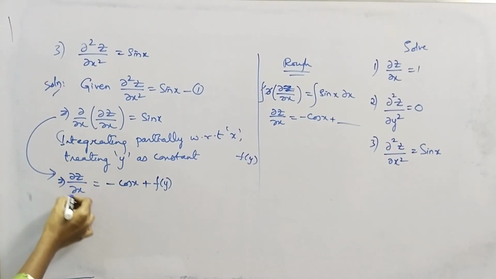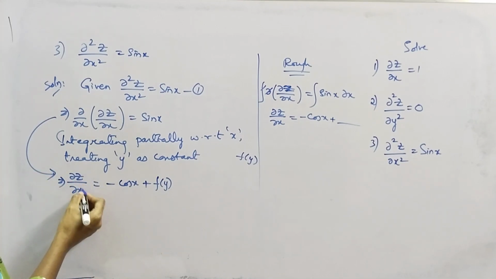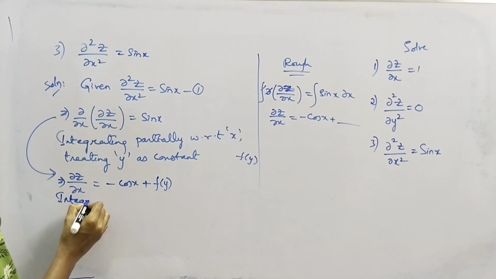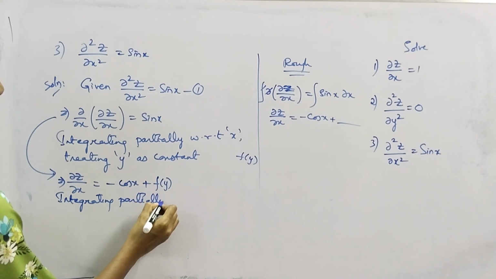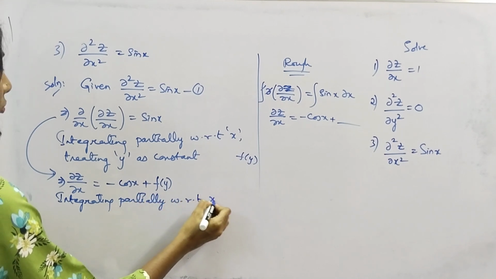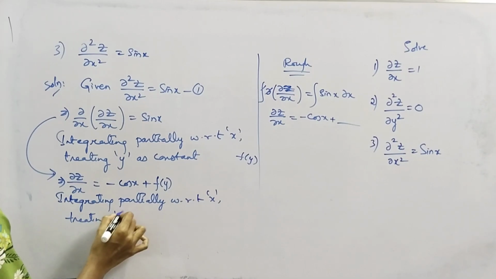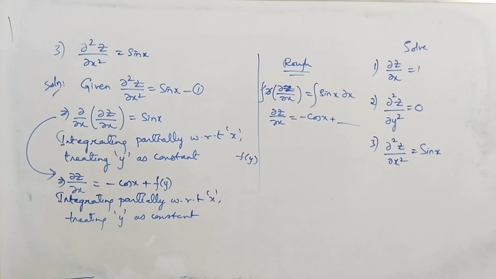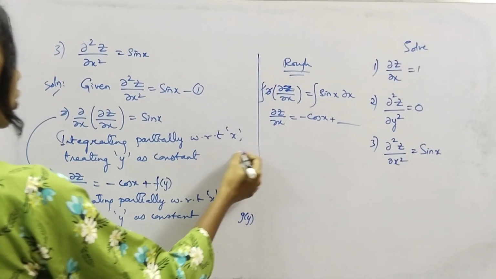Now again you have ∂z by ∂x. We have to integrate it partially again with respect to x, treating y as constant. Now you need a constant of integration in terms of a function of y, let it be g of y, because we have already used f of y.